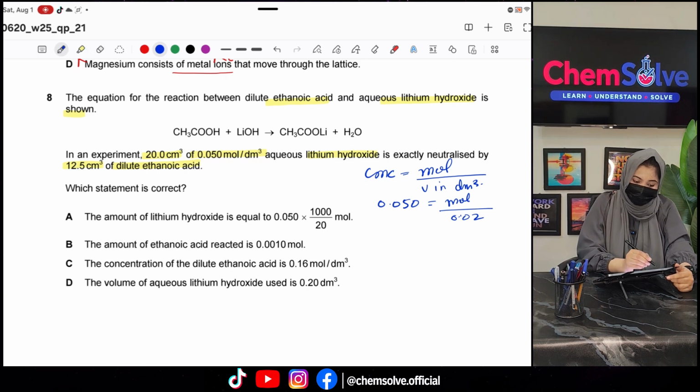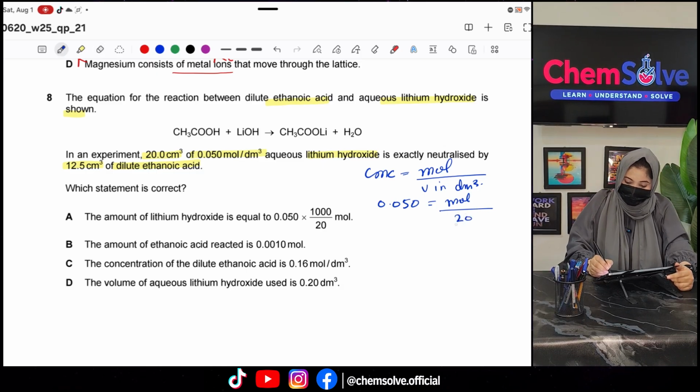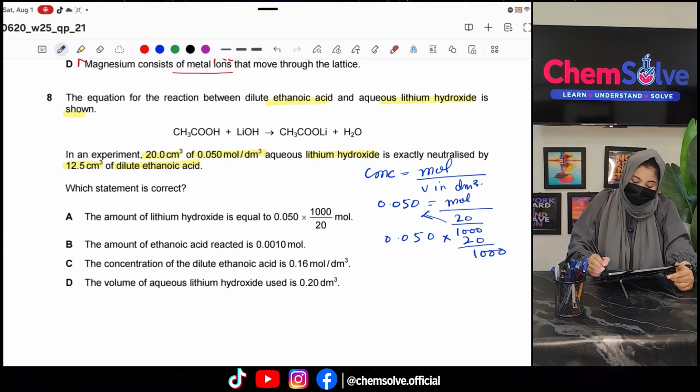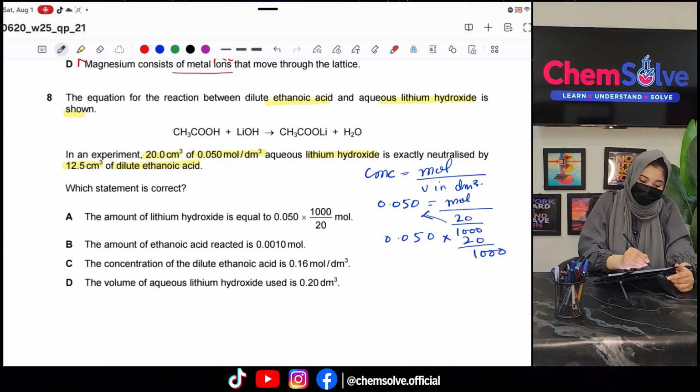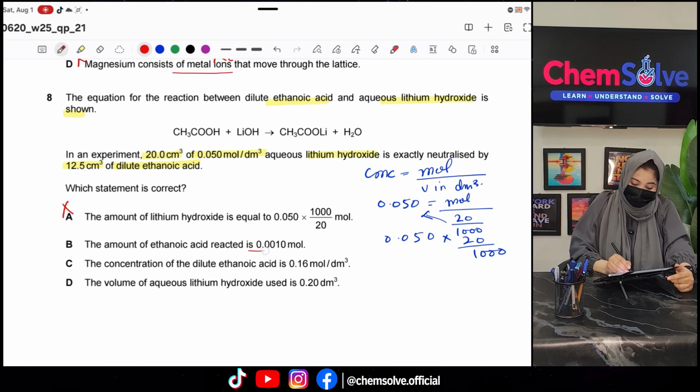So that would be 0.050 multiplied by 20 divided by 1000. But the option says 1000 divided by 20. So this is the wrong one. The amount of ethanoic acid reacted is this.